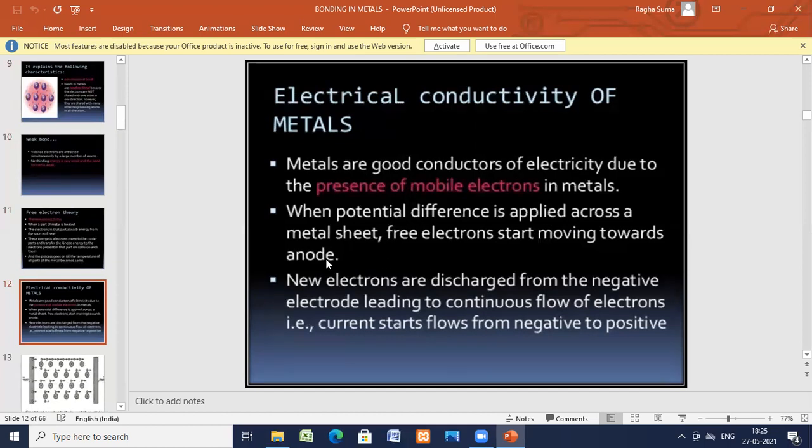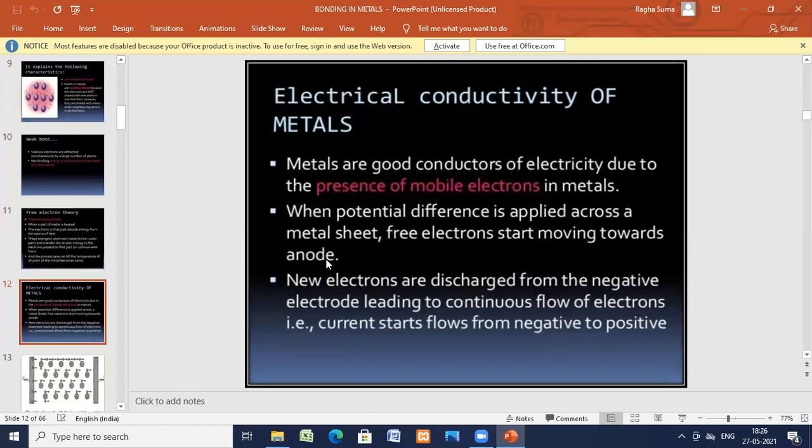See electrochemistry: a zinc rod dipped in zinc sulfate, copper dipped in copper sulfate, and the electrodes are connected to the potential difference. Those are the metal electrodes. We are able to connect them just due to the electrical conductivity.